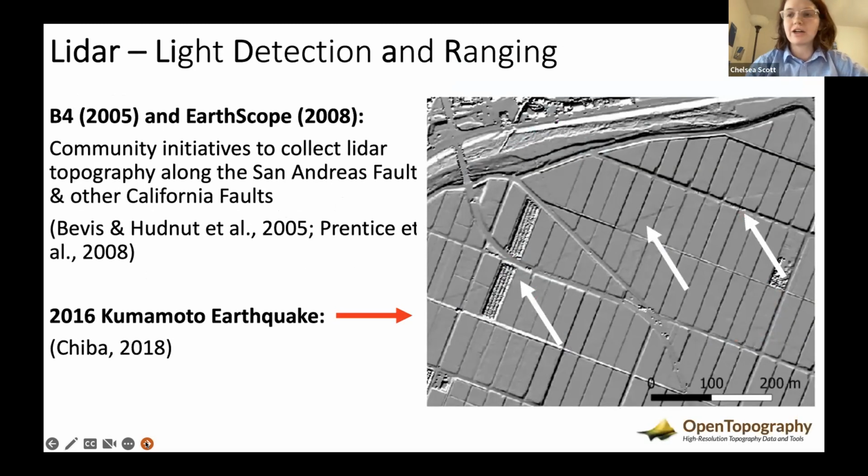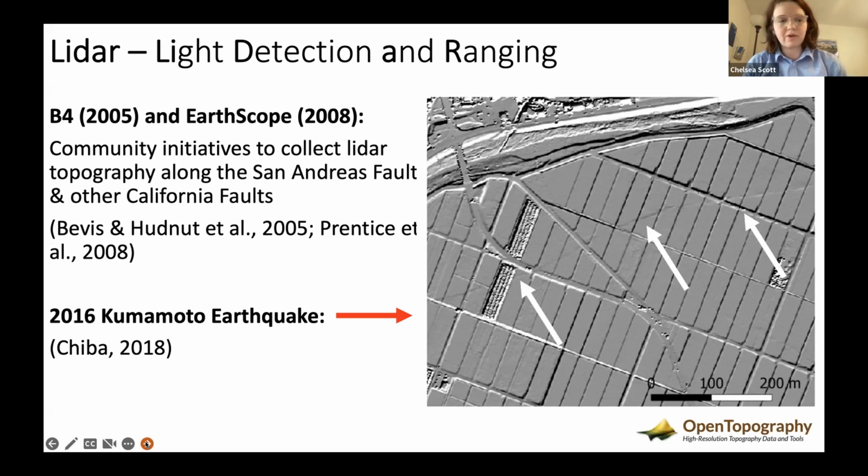So LiDAR is light detection and ranging, and this is a very commonly used data set for imaging tectonic faults. In California, the B4 and EarthScope data sets cover the San Andreas and other California faults. And these were both very important community initiatives from about a decade and a half ago, and have been used in a large variety of scientific projects.